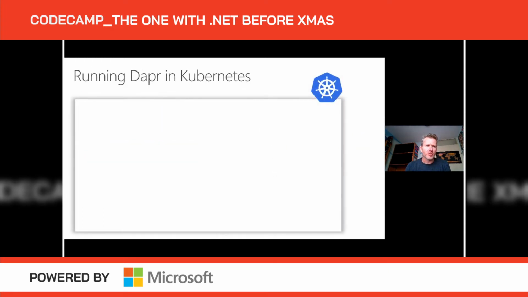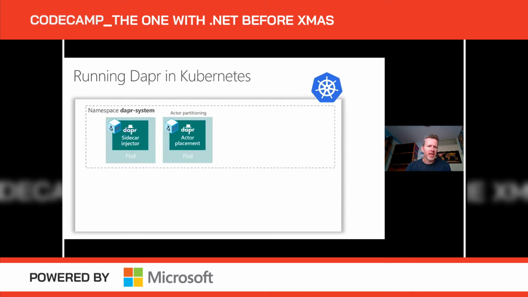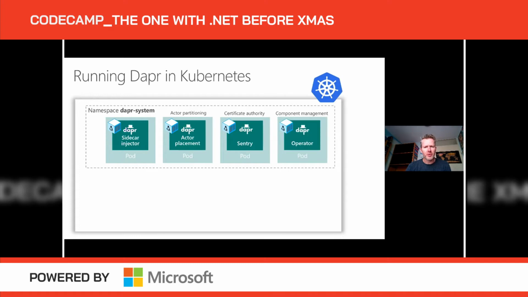Now, if you run this in Kubernetes, that's the production level of running Dapr. Things go into the Dapr system namespace that are related to Dapr being able to perform all of the things that it needs to do, from injecting those sidecars to doing actor placement for the actor programming model, and then other things for Sentry and operators for monitoring when certain building blocks have to be attached.